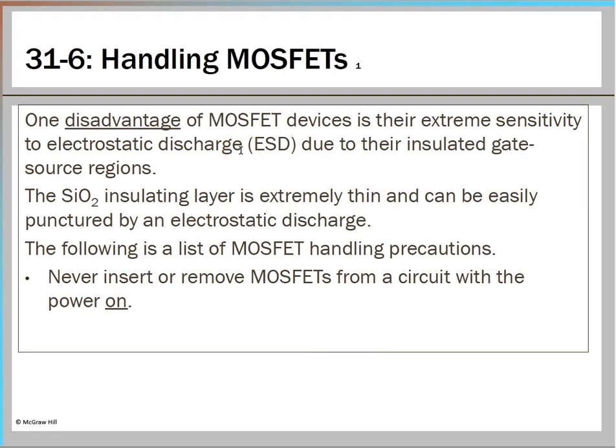Now the next topic is handling MOSFETs. As you know, MOSFETs are very sensitive to electrostatic discharge due to their insulated gate source region, which is very thin. This insulating layer is made up of SiO2, silicon dioxide, and it is very thin in the MOSFET, as we saw in other classes when we learned about the MOSFET.